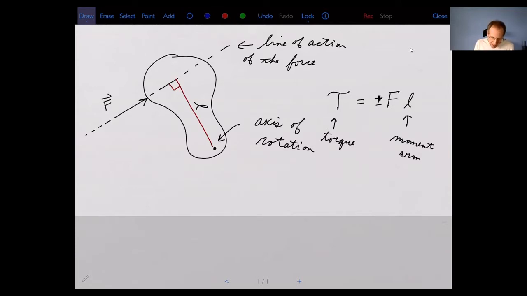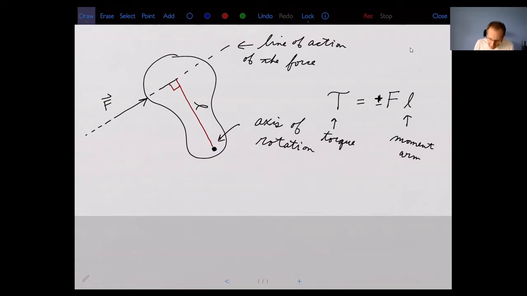Well, if I were to actually exert a force F on that object, and it's pinned, let's say there's some axle that it can rotate on at the axis of rotation, what would happen to this particular object? Well, it would rotate clockwise, right? If you actually push on the object, it would rotate clockwise.